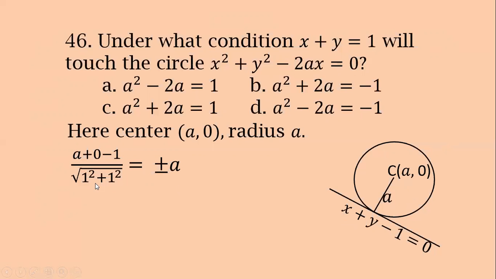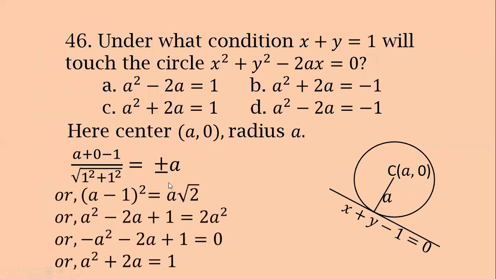That is a square plus b square, and (a minus b) whole square is equal to 2 into root 2. Sorry, there is a mistake here. We have taken a square here, but we did not take a square here. We have to take a square here also. Then we get 2a square.